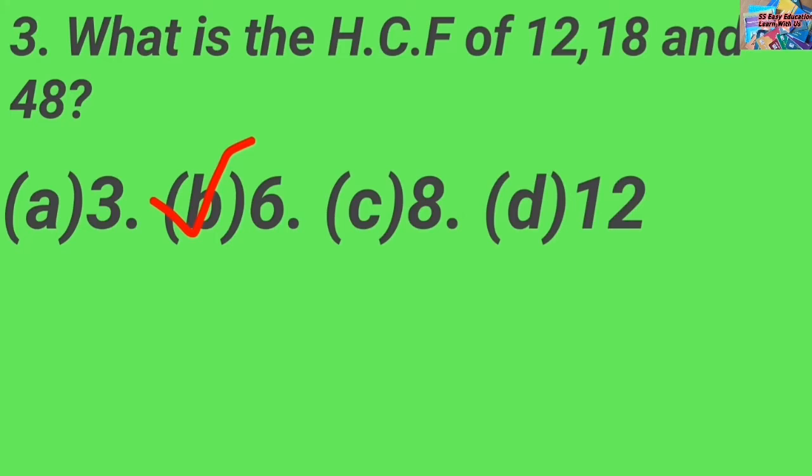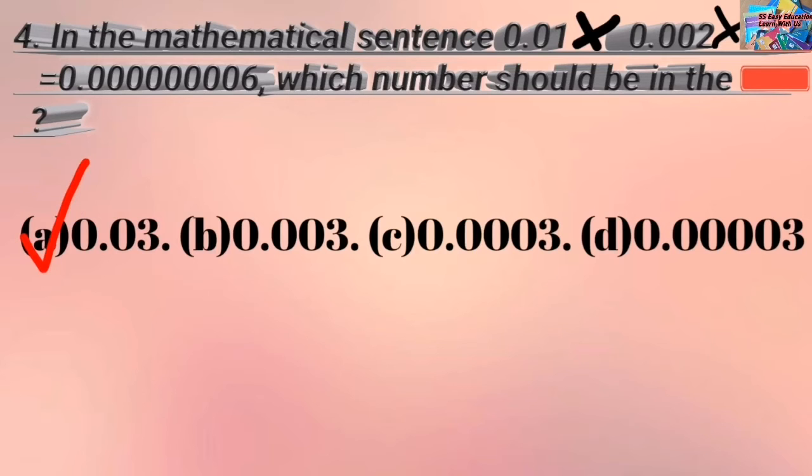Number 3 is, what is the HCF of 12, 18 and 48? So the HCF of 12, 18 and 48 is 6. That means option B. The next question is, in the mathematical sentence 0.01 multiplied by 0.002 multiplied by box equals 0.00000006, which number should be in the box?